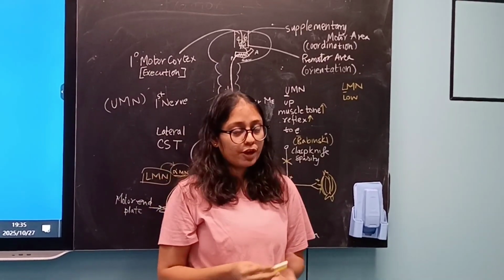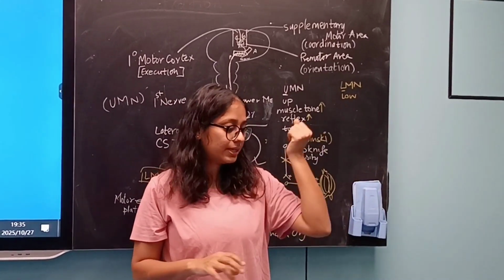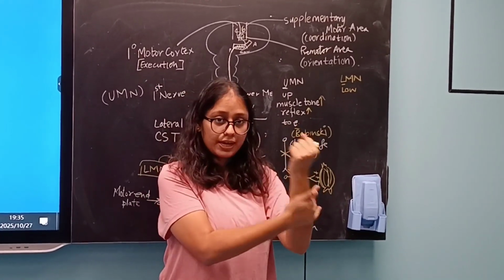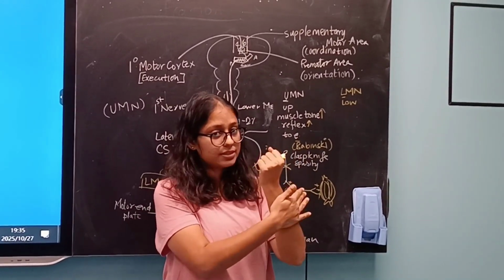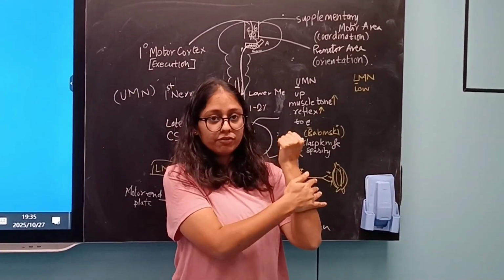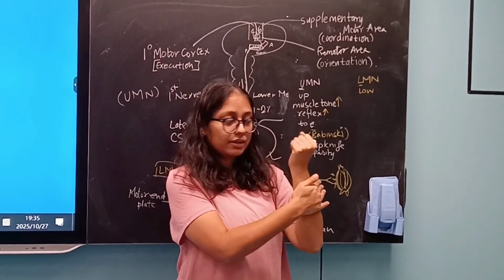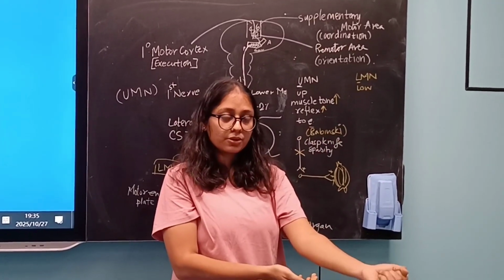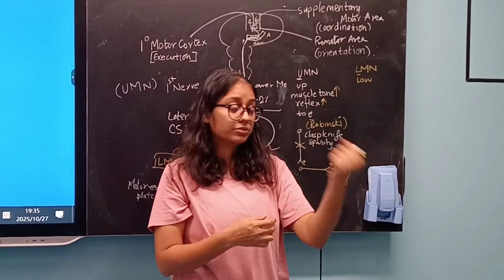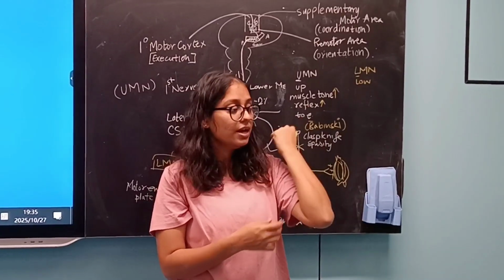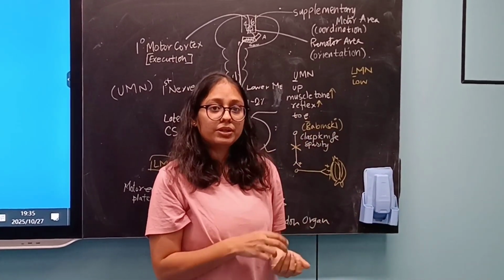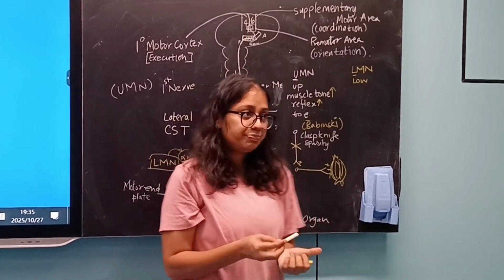But if you haven't, then you just have to understand that if we ask the patient to move the hand and move the limb against resistance, in the start it will not be able to move, and there will be a lot of resistance to it. But suddenly the muscles are going to relax, and suddenly the movement will occur again. So this is what is called clasp-knife spasticity.